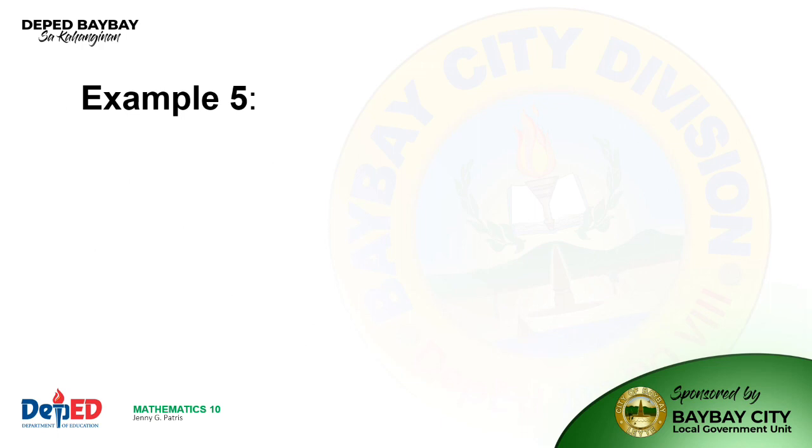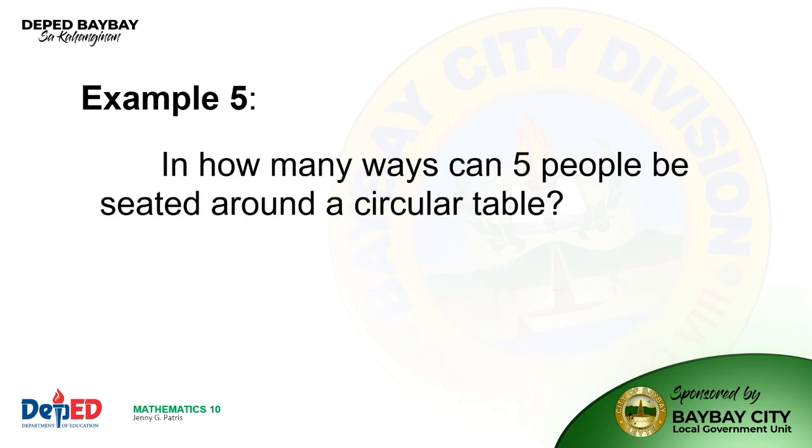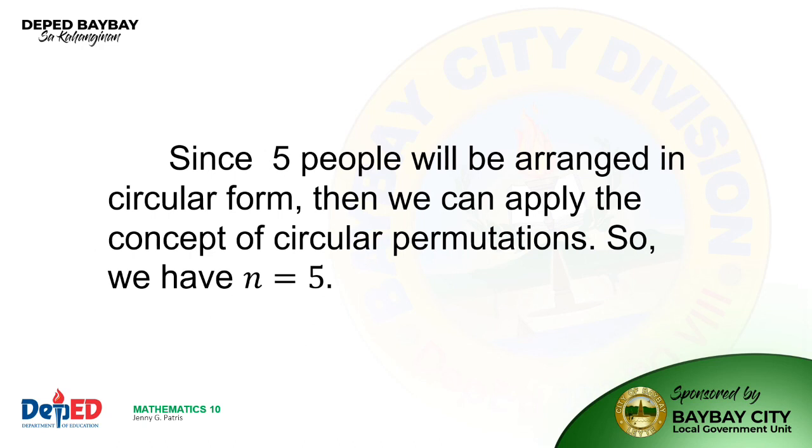Example 5. In how many ways can 5 people be seated around a circular table? Since 5 people will be arranged in circular form, then we can apply the concept of circular permutations. So, we have n equals 5.